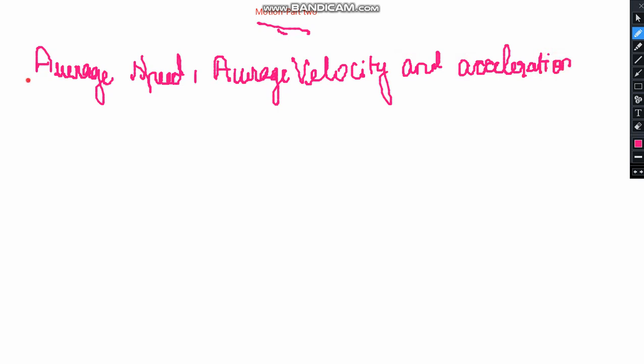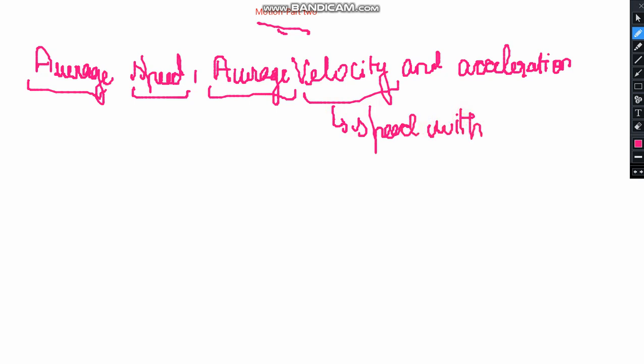Here the word average is very important for us to understand. As we already said, you know what speed is and what velocity is. Speed is basically distance by time. Velocity is the same as speed but with direction. That is very important to understand.